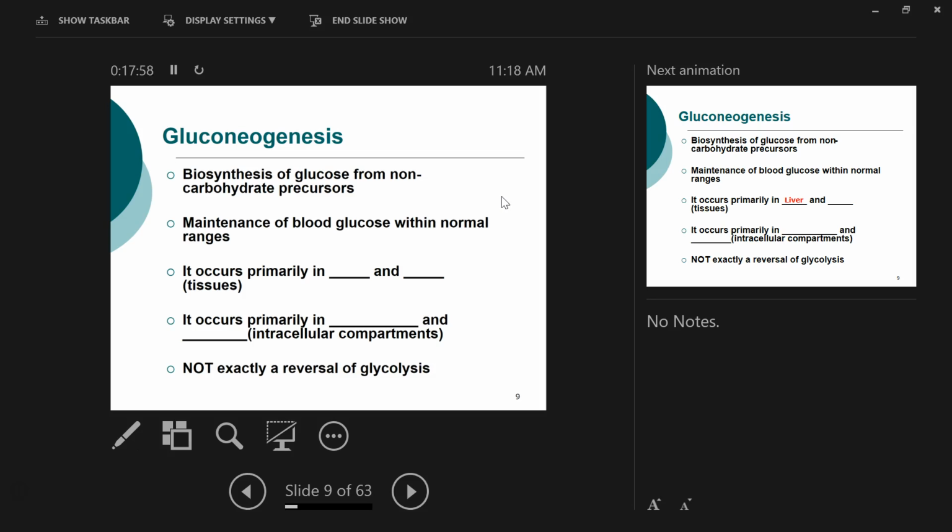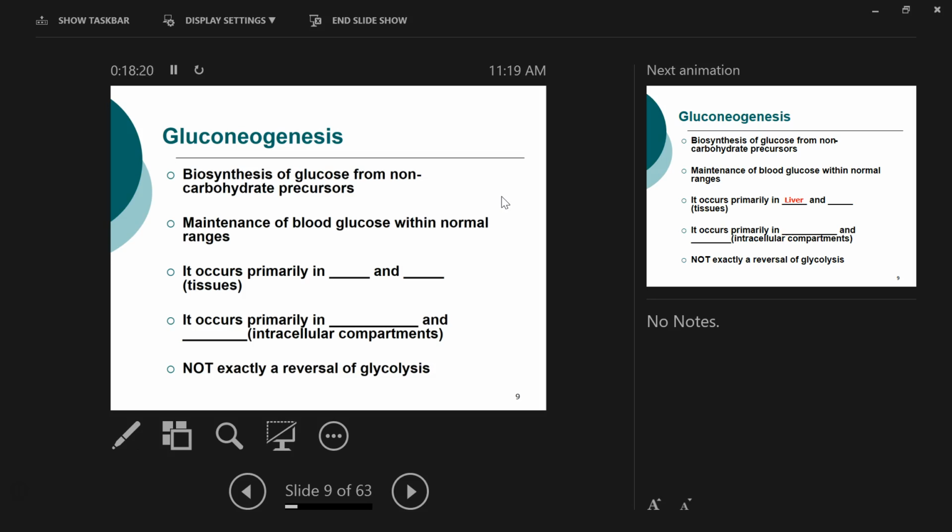Now let's talk about a different metabolic pathway of glucose metabolism, gluconeogenesis, right? Gluconeogenesis is the metabolic pathway that can synthesize glucose from non-carbohydrate precursors, right?